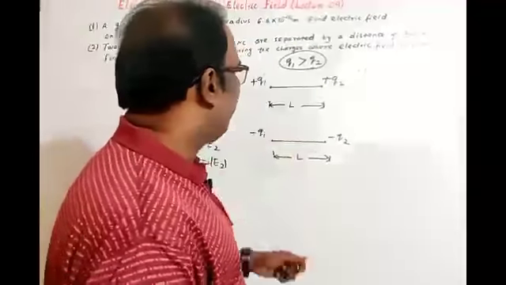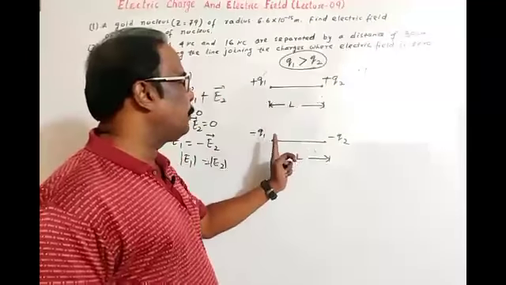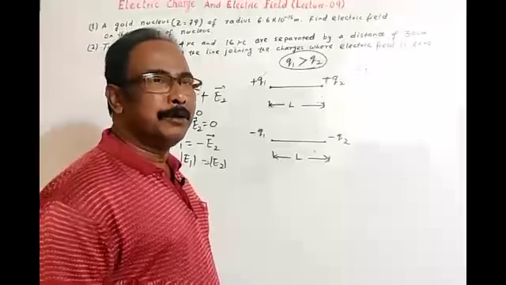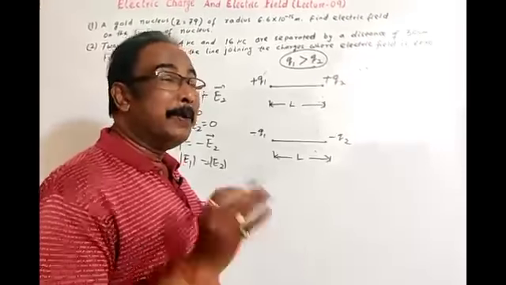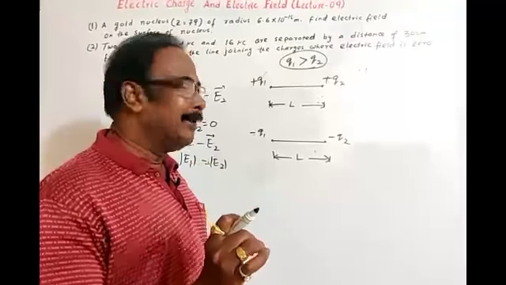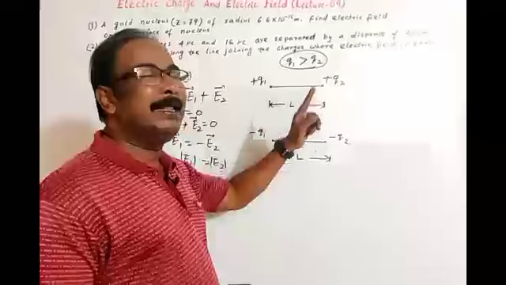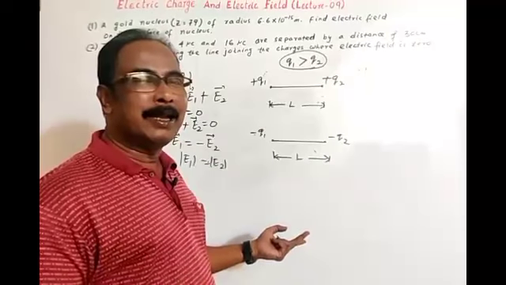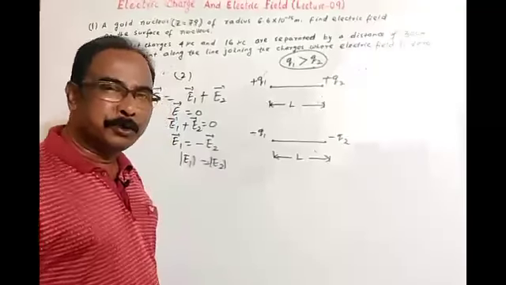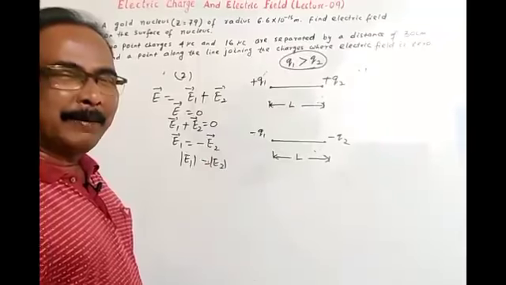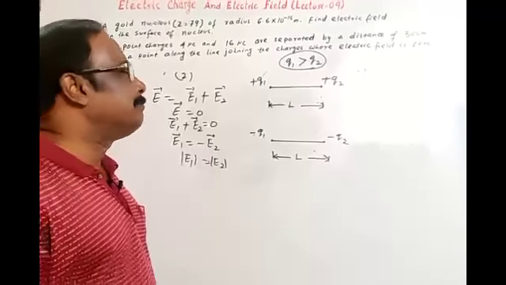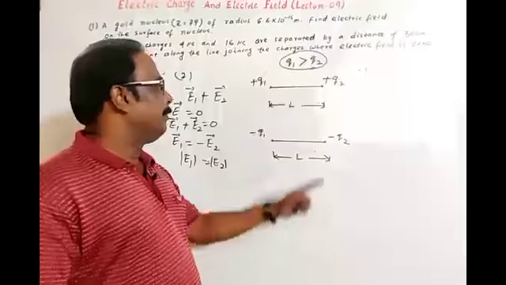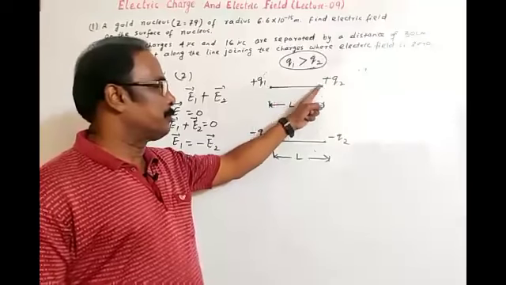If both the charges are either positive or both negative, then we have to find a point along the line joining the 2-point charges where the resultant electric field intensity is 0. In this case, the simple trick is that the point must be in between the charges.